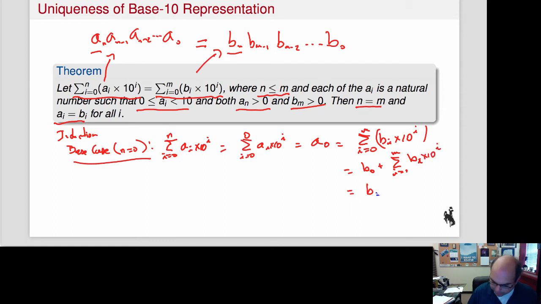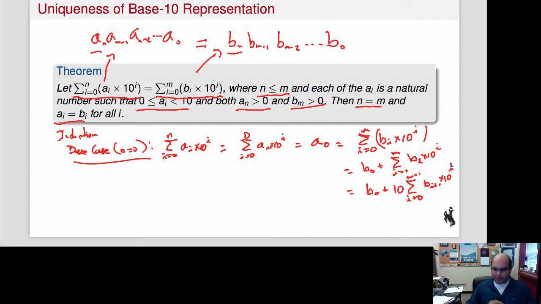And we saw earlier how we can factor that 10 out. So that is 10 times the sum from i equals 0 to m minus 1 of b_{i+1} times 10^i.